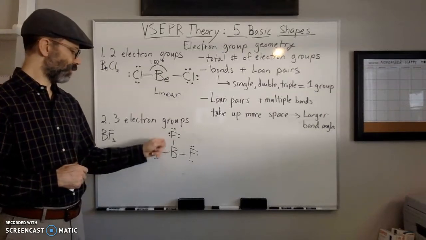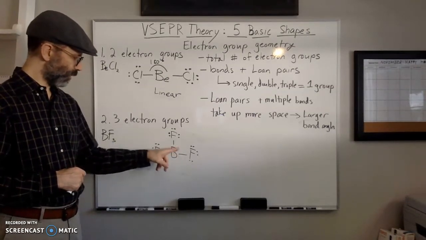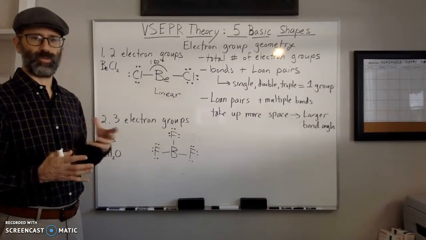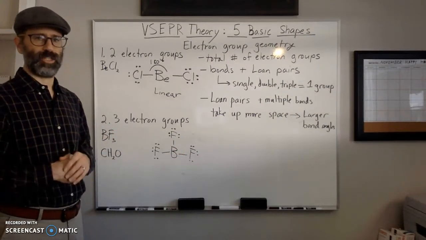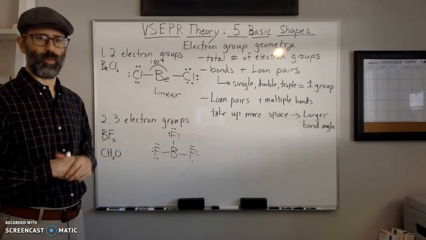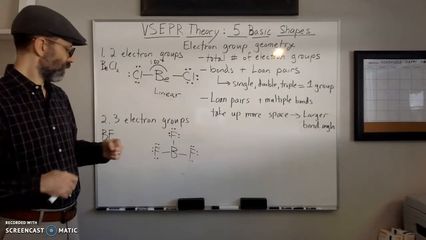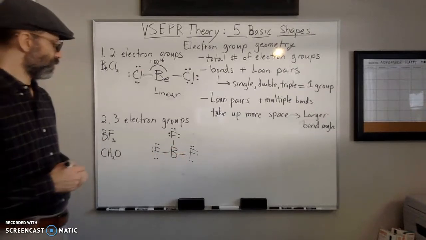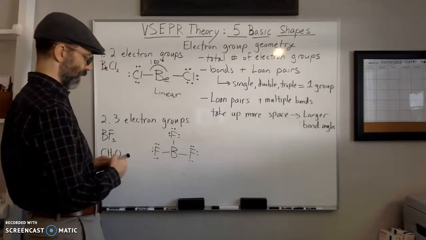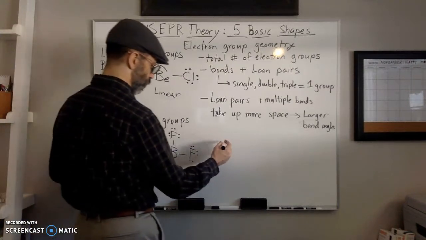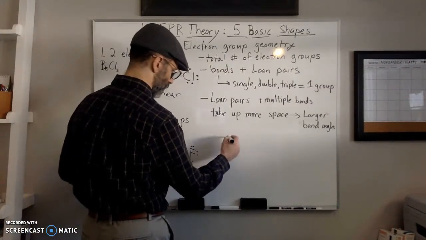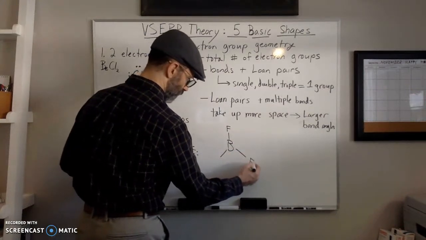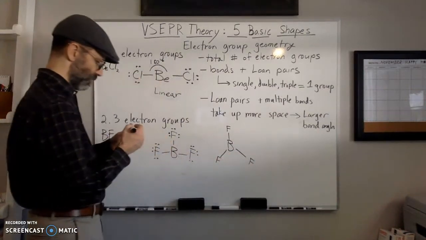Whenever you have 3, these electron groups, again, want to be as far apart as possible, just like in my analogy with the 3 arch nemeses, or the 3 mortal enemies. They're going to want to move away from each other as much as possible. So you'll get the pie figure. These guys are going to be more like this. You have boron and you have fluorine, and the other fluorines are going to move down here.